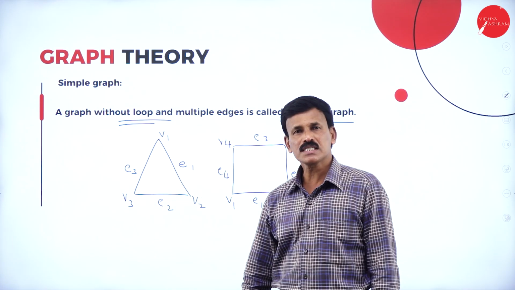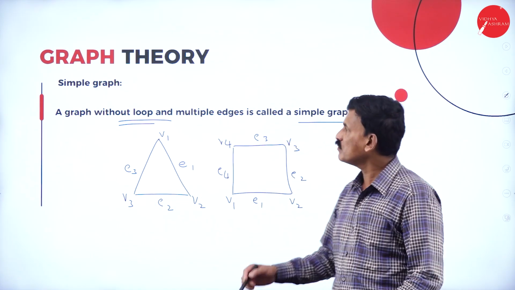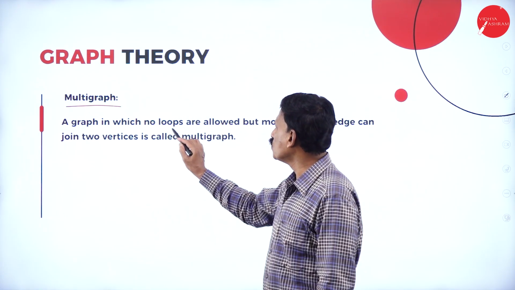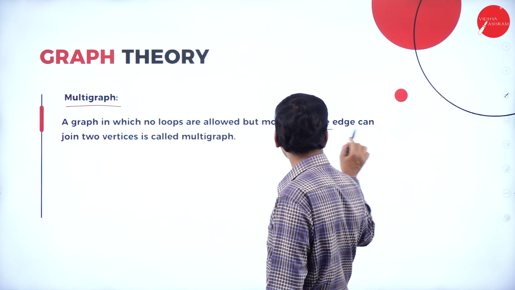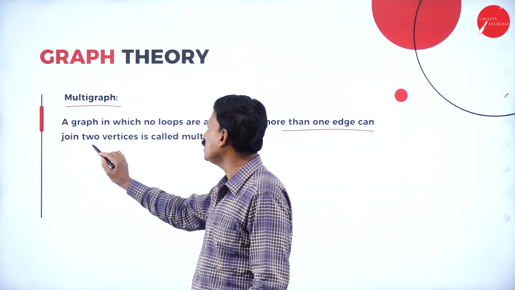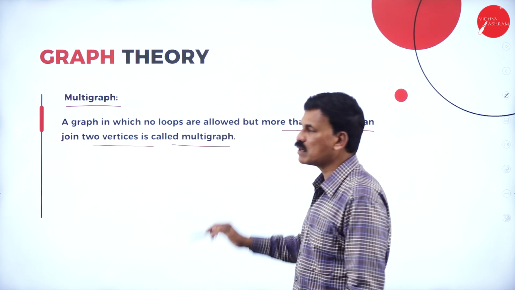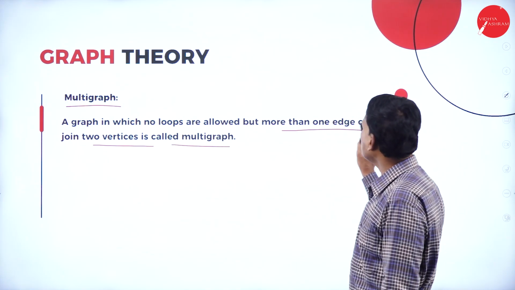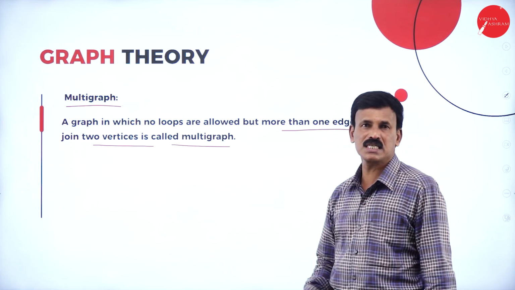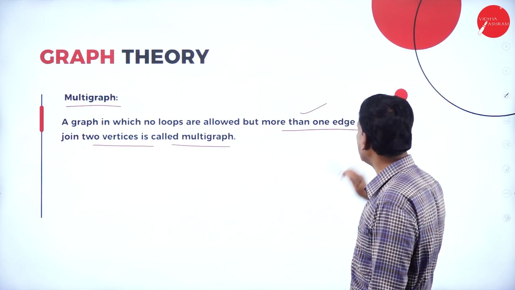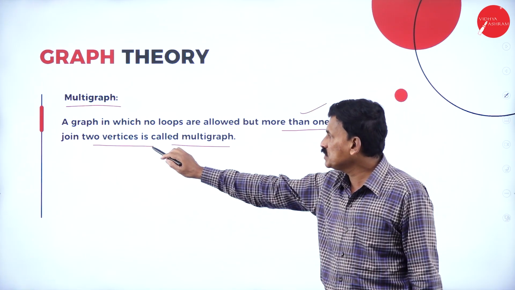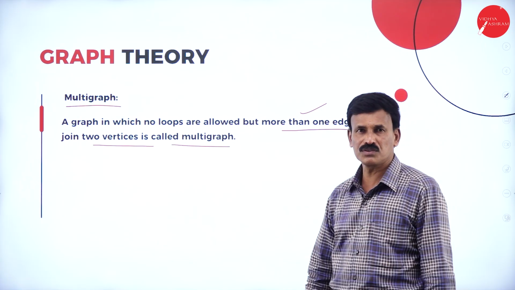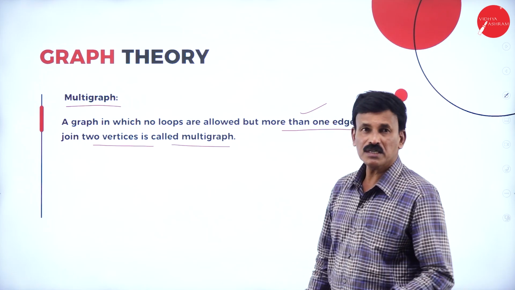Okay. Now let us come to the next one, the multiple graph. What is a multiple graph? A multiple graph is a graph in which no loops are allowed but more than one edge can join two vertices. How to define a multiple graph?